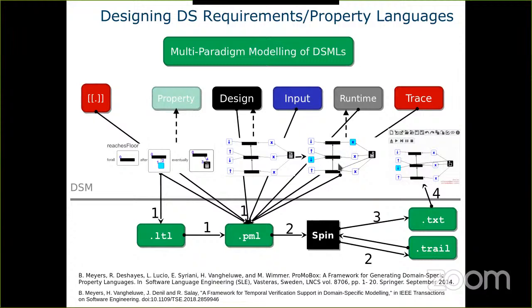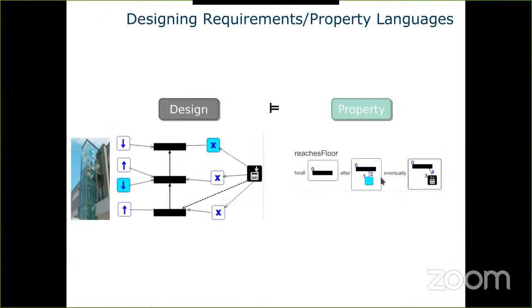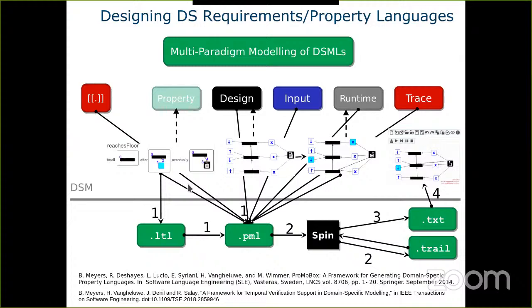And then, of course, we may want to see traces, snapshots over time, a series of snapshots of the state over time, which will probably be used as a way of giving counterexamples, because maybe if this property is not satisfied, typical model checkers will give us a counterexample, which I would actually like to see in my original domain-specific language, and maybe I would like to see even an animation, a simulation of what is wrong with my design. Of course, under the hood, there is Promela, LTL, Promela is the language, Spin is the model checker, and then some traces come out.